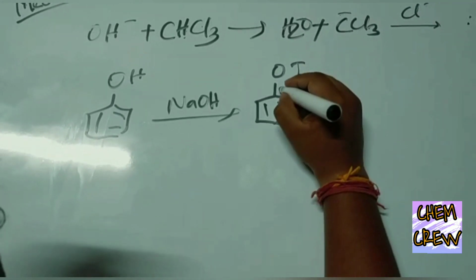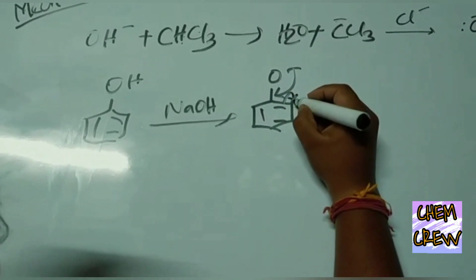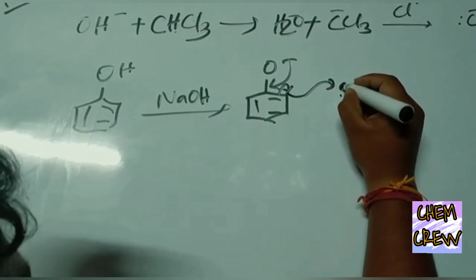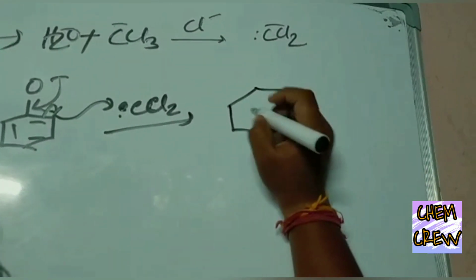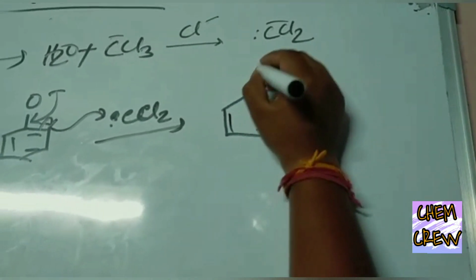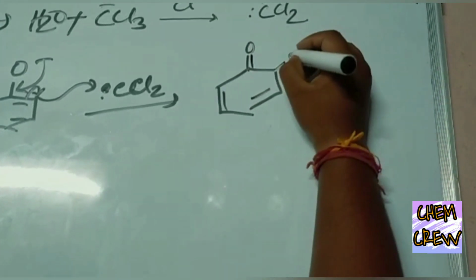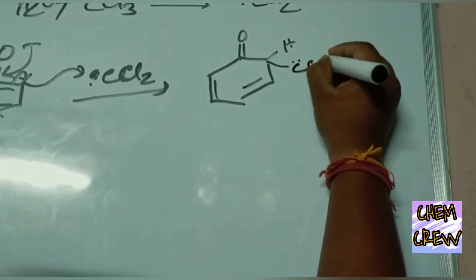Now the negative charge attacks the carbon, and this negative charge attacks the dichlorocarbene and produces the ortho product.